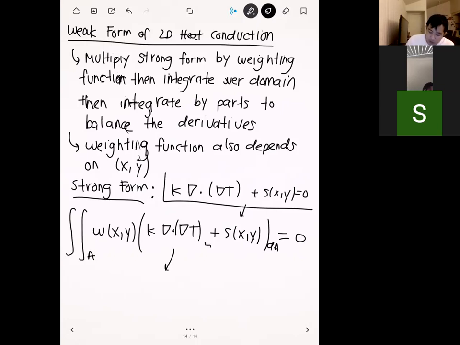Because we have this plus right here, we can separate this into an integral over the Laplacian and then also an integral over the thermal generation term. Any questions on this before we move on?